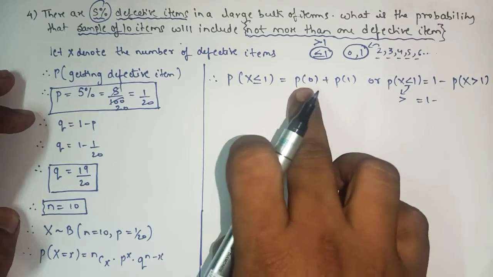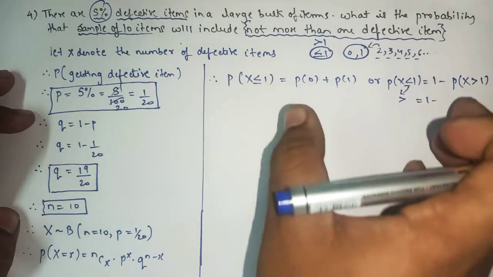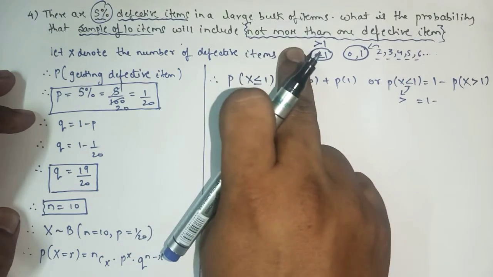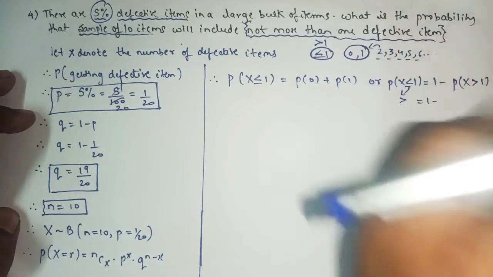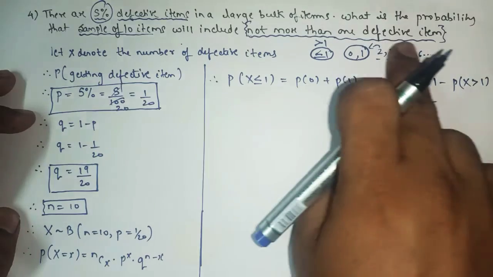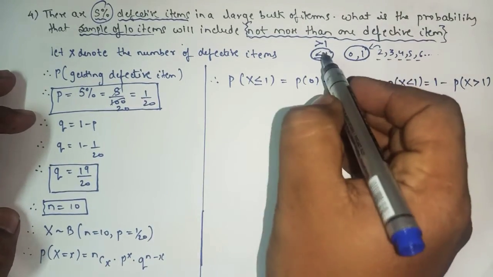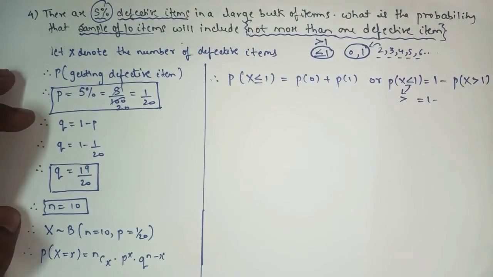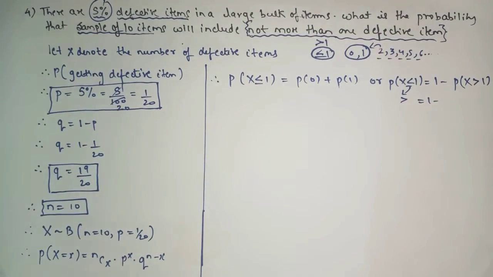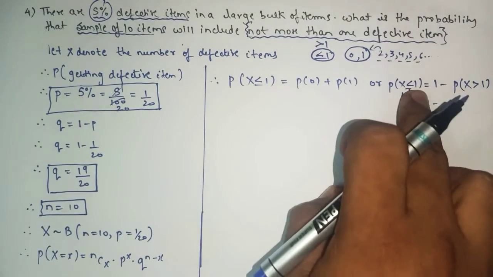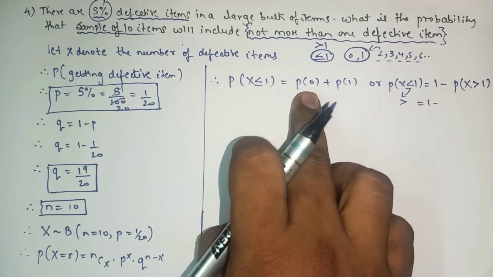Here simply you have to find the value for 0 and 1, add them up, and you will get the answer for not more than one defective item. Remember, not more than one defective item means less than or equal to 1. So we cannot apply the shortcut method, we'll stick with the regular method only.